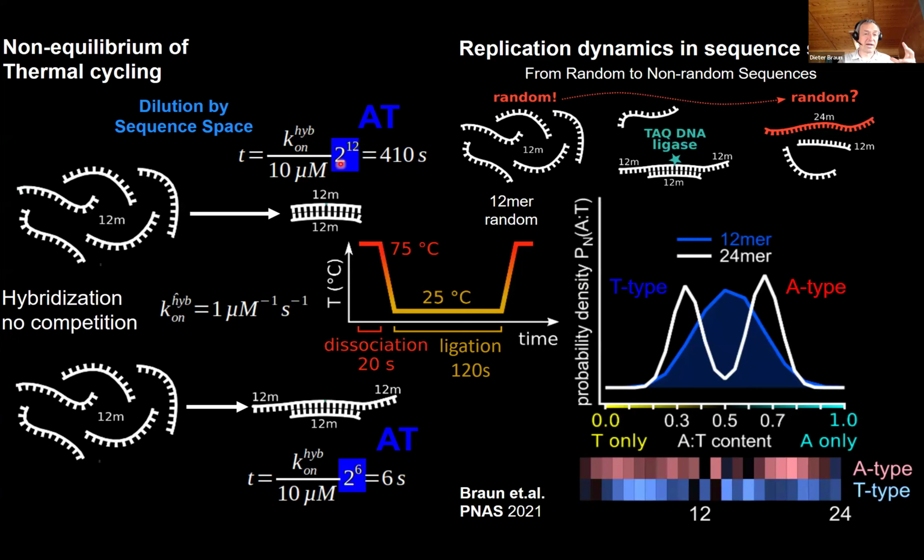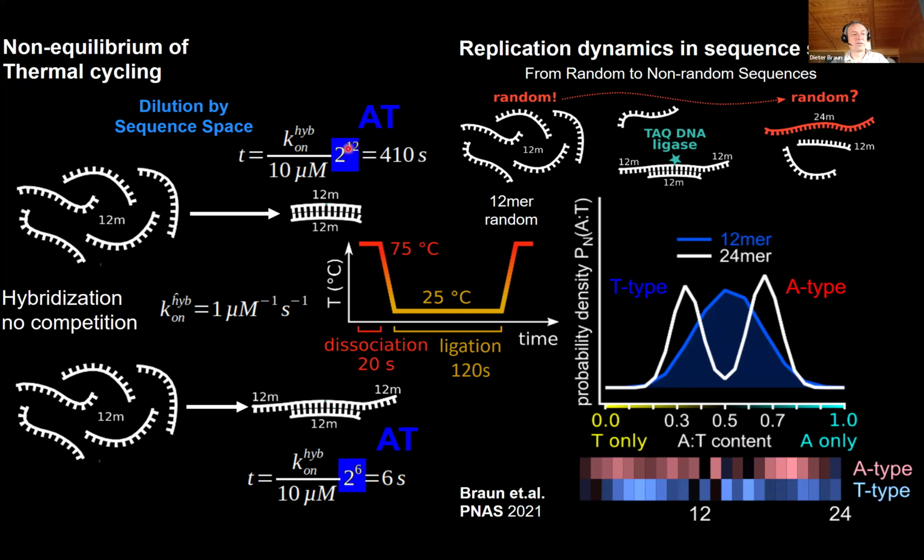But then you have to multiply, because it's on the other side, by how many of these you have. And how many you have depends on your sequence space size. So if these are 12, it's 2 to the power of 12 different combinations, and only the right ones, because temperature is matched. It might also have some mismatches. That back-of-the-envelope calculation gives you the right match together.